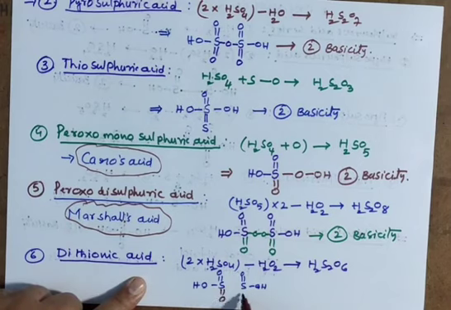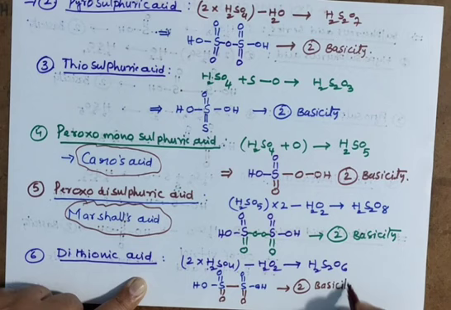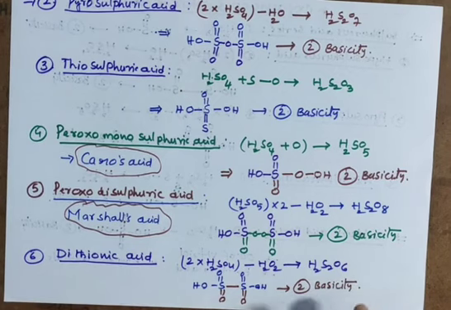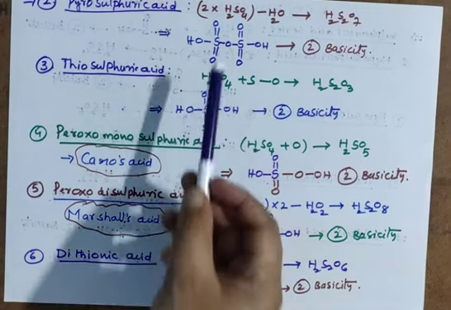Take here one oxygen, here one oxygen. Now all are completed and bond between sulfur and sulfur. Two OH groups are there now. So basicity is 2. And this is the system to draw the structures and how to remember formulae.